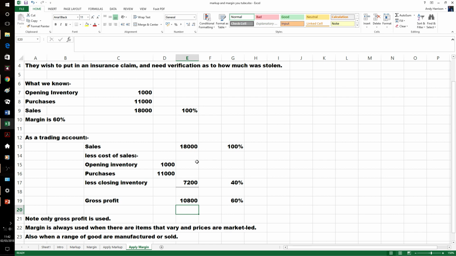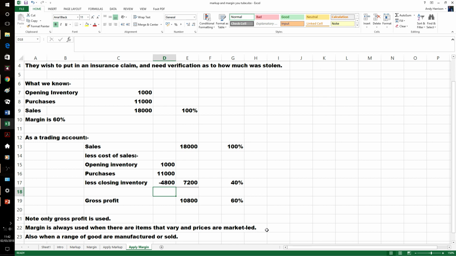So 18,000 minus 7,200 equals 10,800. So again, 12,000 minus something equals 7,200. 12,000 minus 4,800, 7,200. So just a reminder, we're only talking about gross profit unless told otherwise.